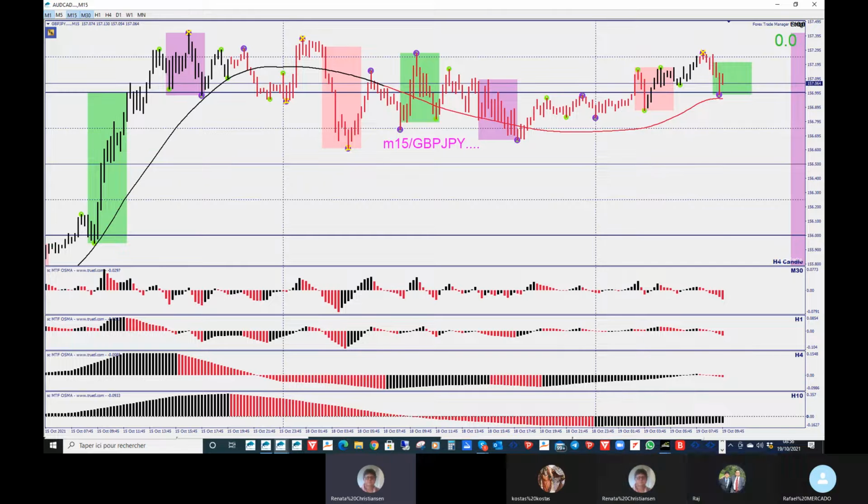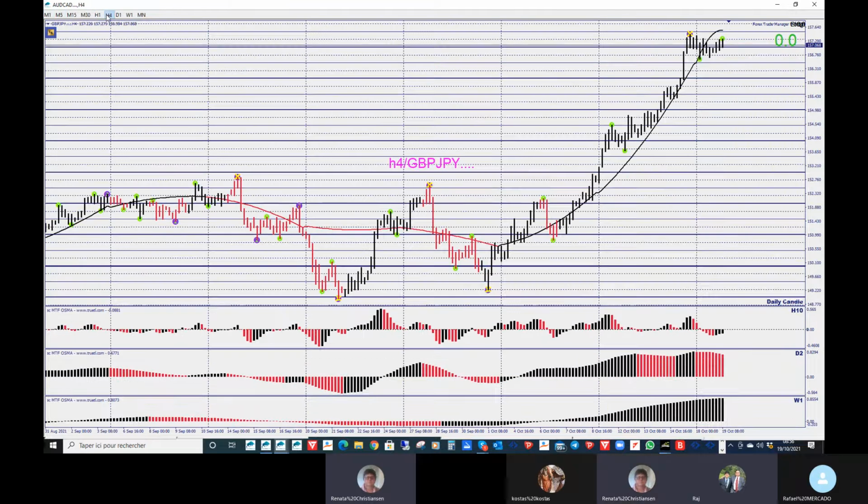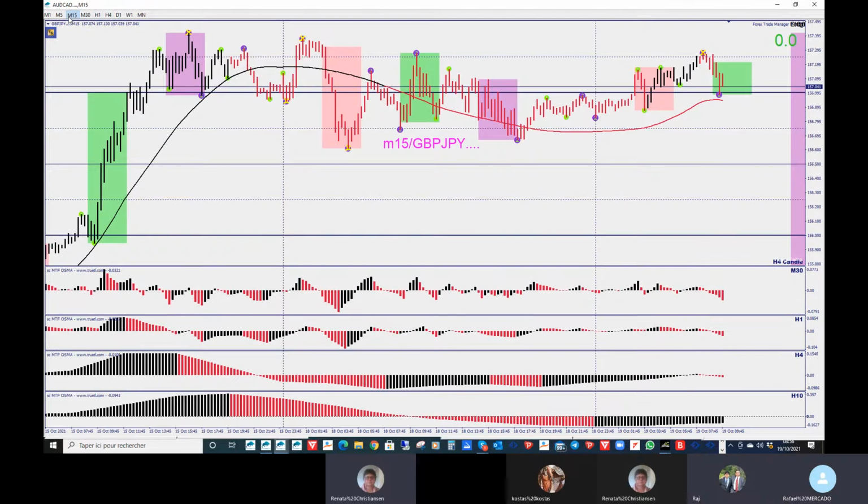If you look at the 4-hour chart, the weekly is still blue, and I would not be taking shorts. You can see it's going sideways, and that usually happens when the weekly transitions.